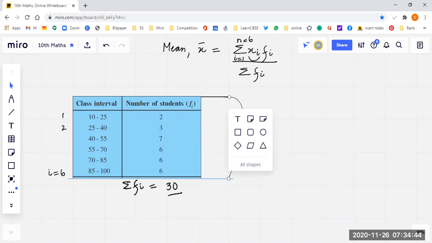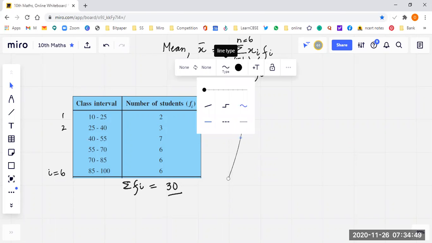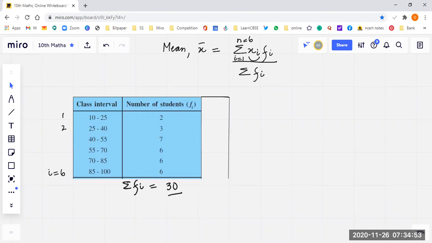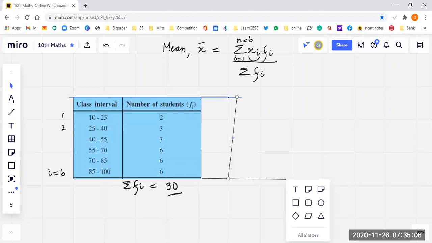This column we will make, right? So we make a line. Great, we made this column. Another line we will make, because we also want xi fi. So better we make that line also.